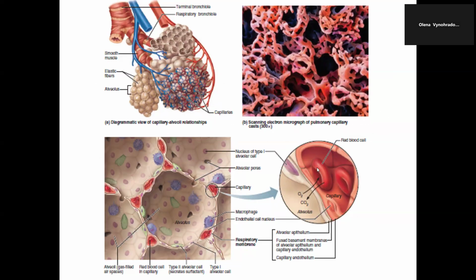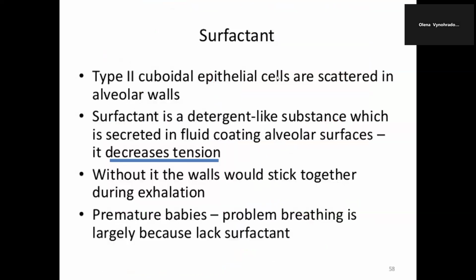Also important to underline that the internal surface of our alveoli is covered by surfactant. Surfactant is created by special cells, cuboidal epithelial cells. They are scattered in the alveolar walls.